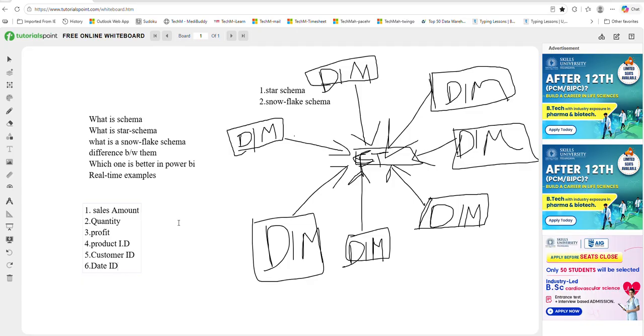Now I will explain about dimensional table. What is dimensional table and everything. This table contains descriptive information. Example, product table. Example I will write here.